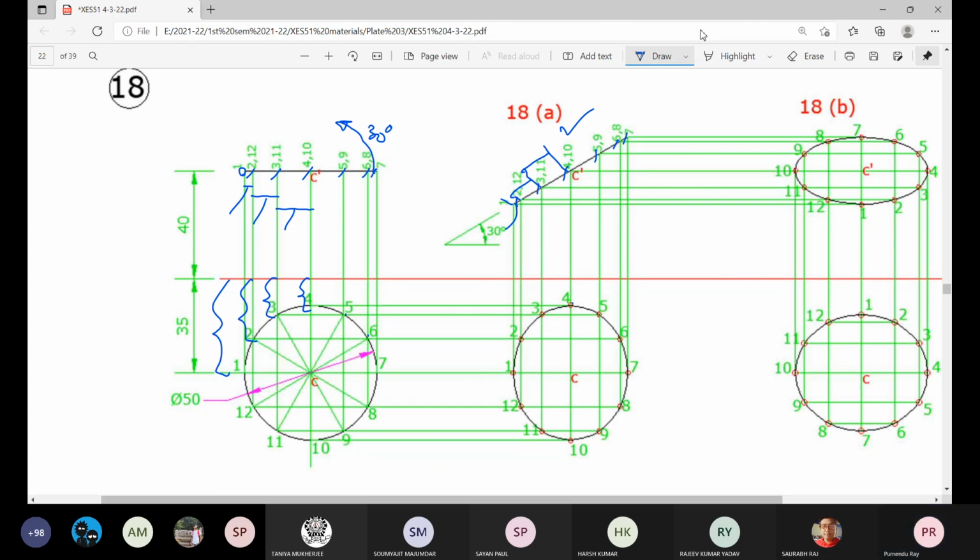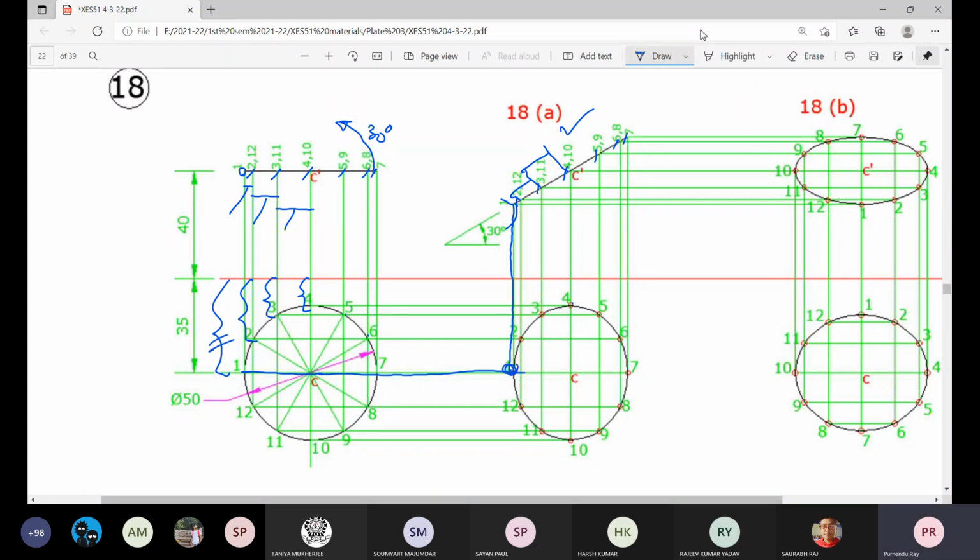What we do? From 1, draw a horizontal line, and from the new position 1, draw a vertical projector, get the point of intersection. This is the plan of 1, because the new plan distance and the old plan distance are the same distance.